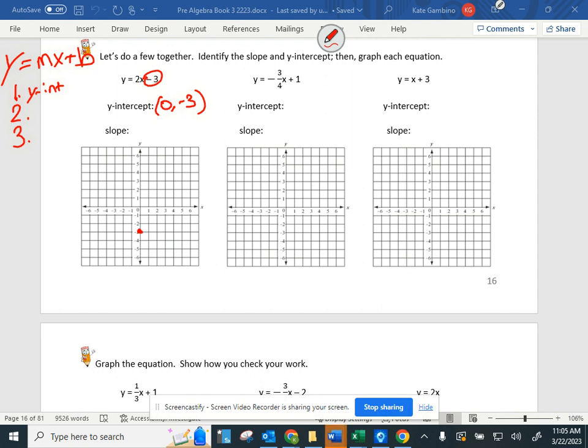Now I need to find my slope. What is my slope? Y equals mx plus b. Y equals 2x minus 3. What letter stands for my slope, James? The 2. Okay, but that's just one number.